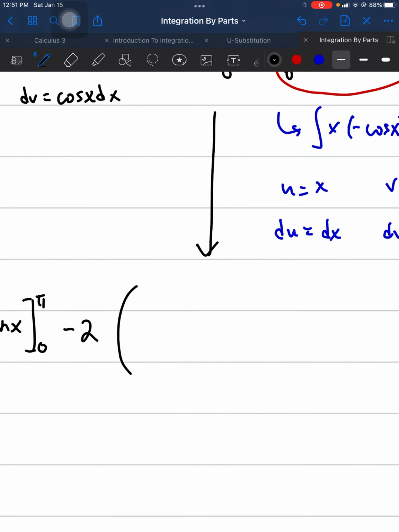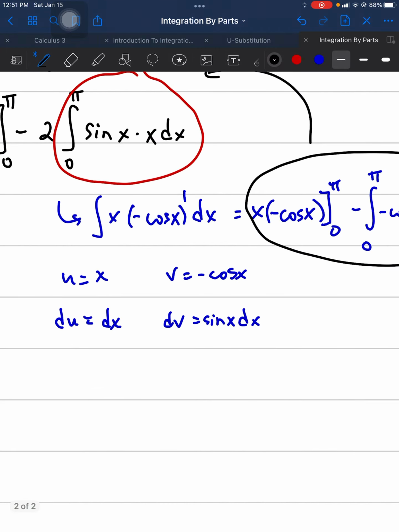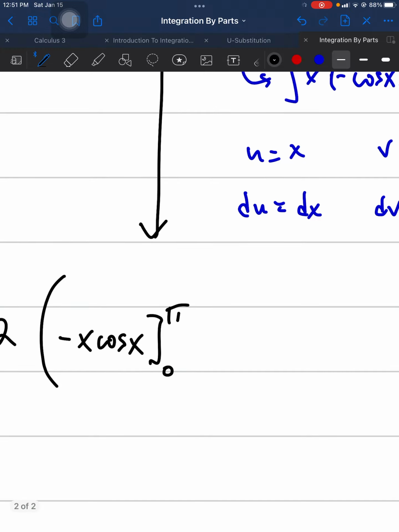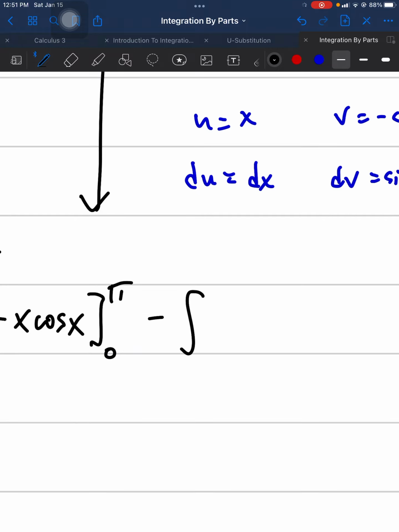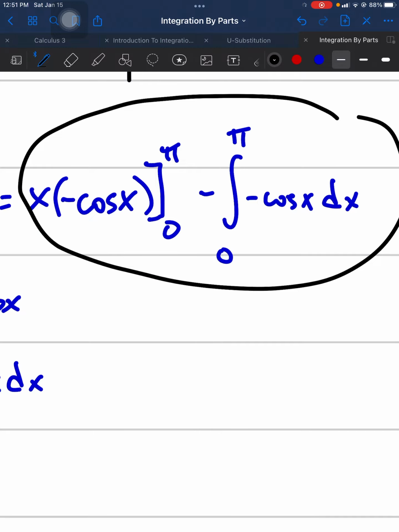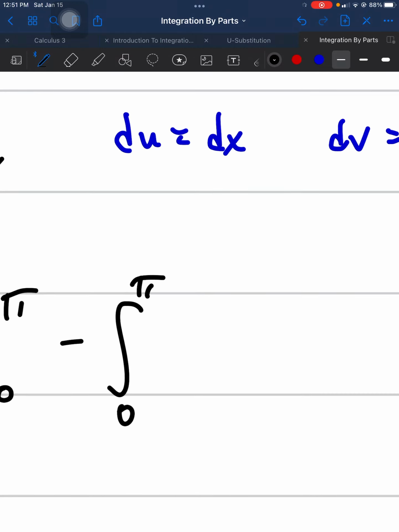It's going to be negative x cosine x. I just pulled the negative in front of the x just to make it look better. So 0 to pi minus the integral from 0 to pi of negative cosine x dx.